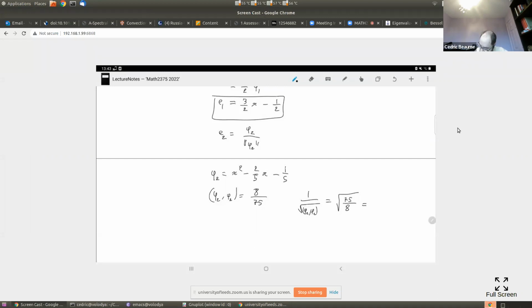So you get 5 over 2 square root of 3 divided by 2. And then, if you want to be fancy and not have a square root in the denominator, you can multiply everything by square root of 2 divided by 2. And you get 5/4 of square root of 6.